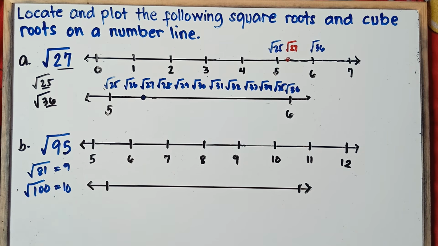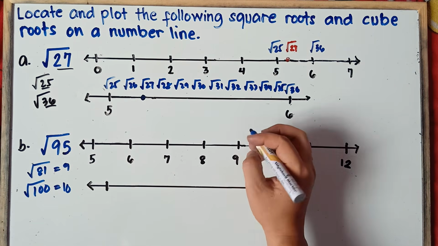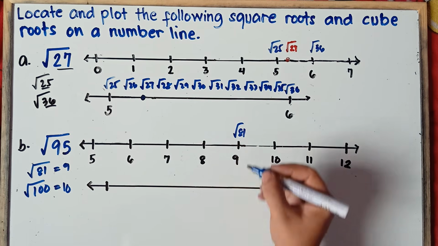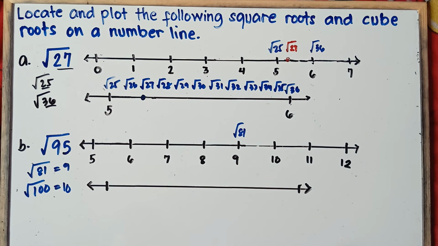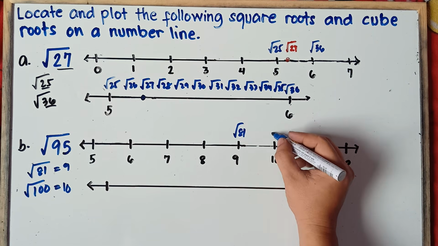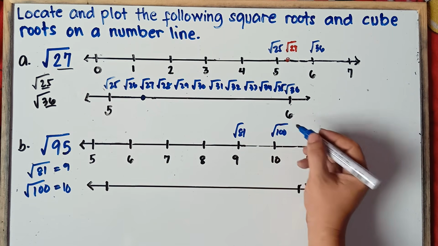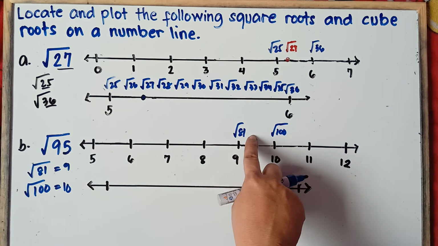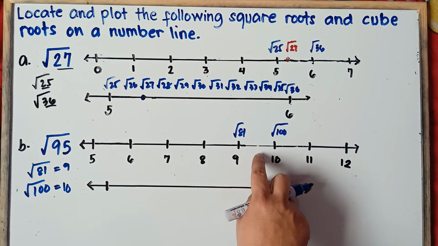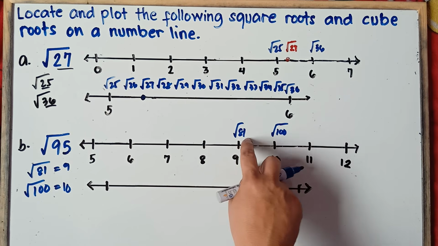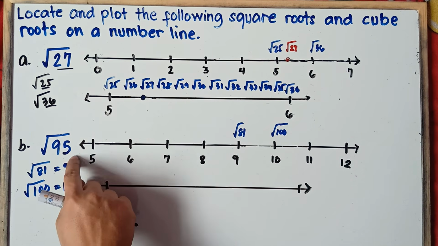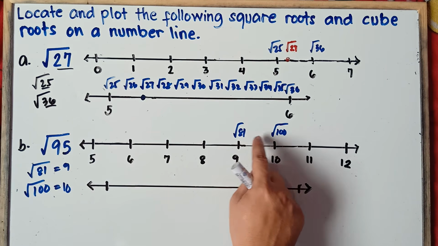So you can see, class, square root of 95 is in between 81 and 100.